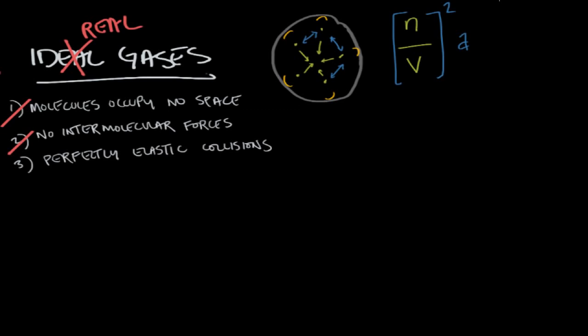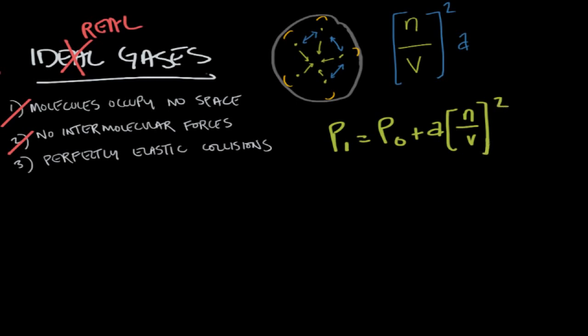Putting these thoughts together, the P ideal, the pressure ideal, is equal to the pressure observed plus the attraction coefficient times the concentration of these particles squared.